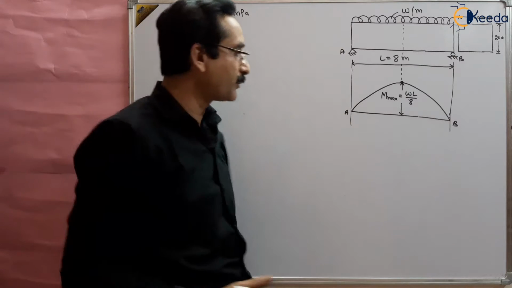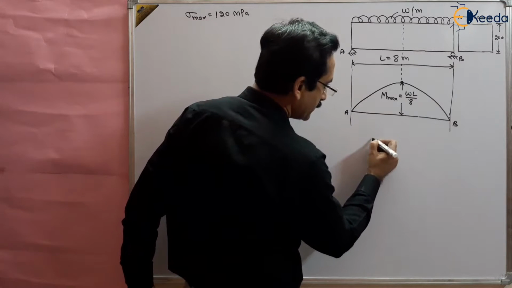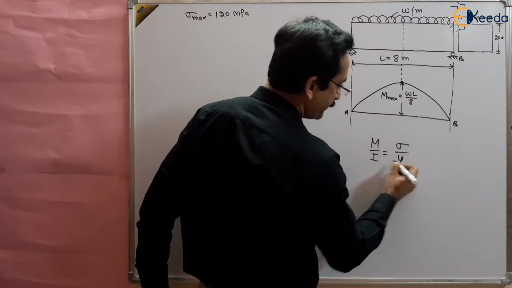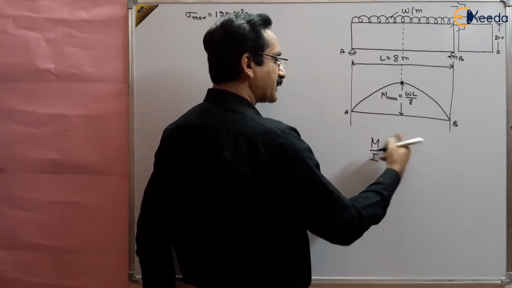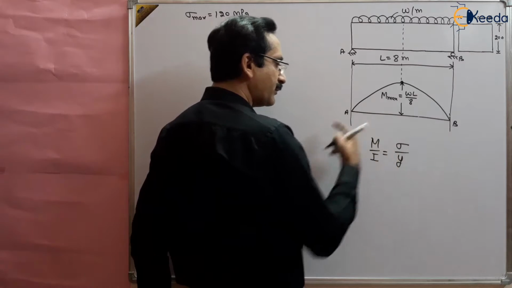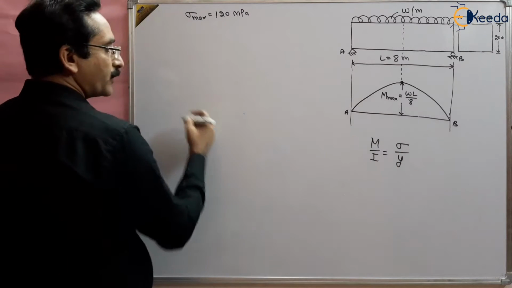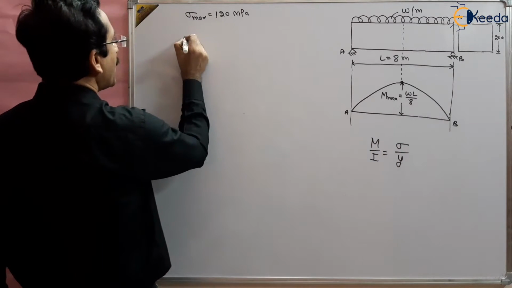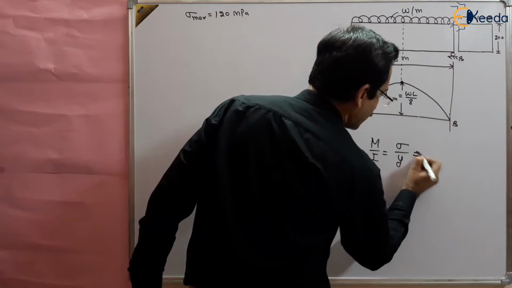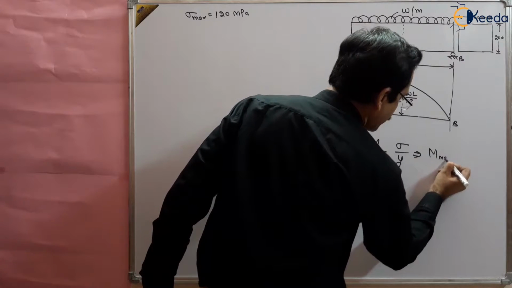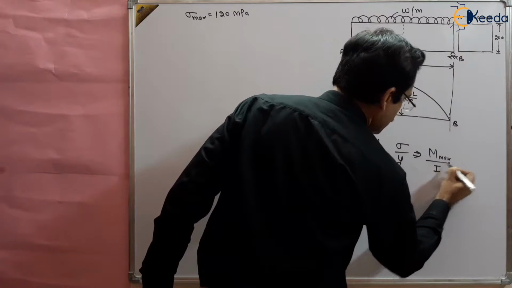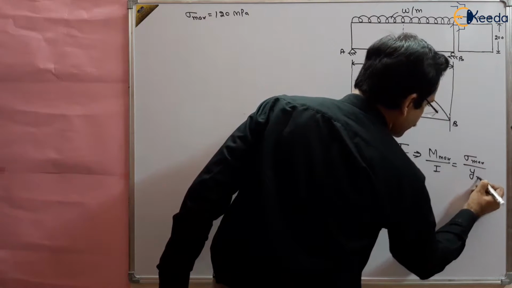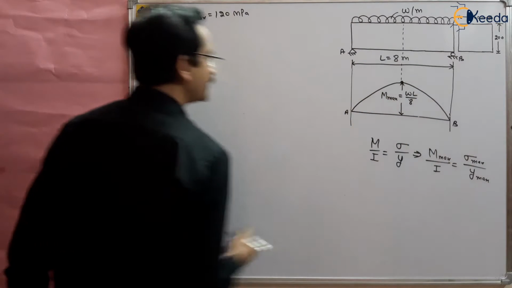What is the formula? Remember the formula: M by I equals sigma by Y. Where sigma is maximum, Y will be maximum and M will be maximum. So from here, M should be maximum for sigma maximum and Y maximum. Put the values here.